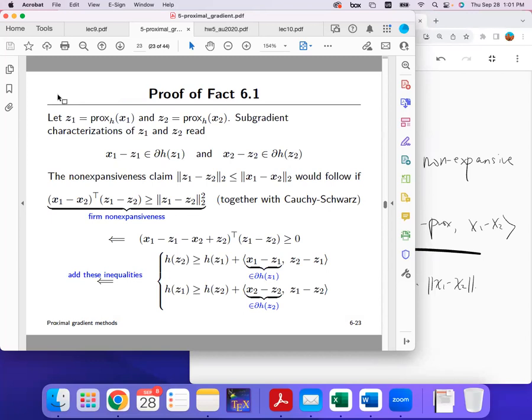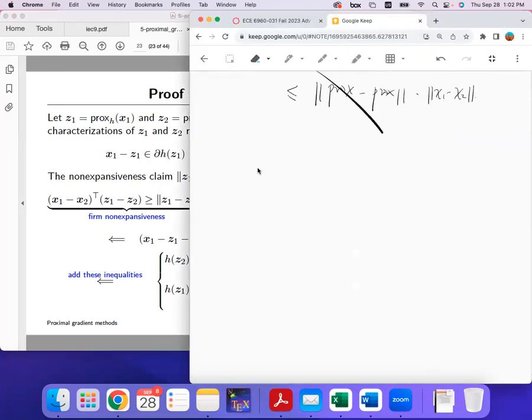So let us denote z1, z2 as the image of this proximal mapping: the proximal mapping at x1 is z1, at x2 is z2. And then we have this subgradient characterization of z1 and z2. How do we get this?